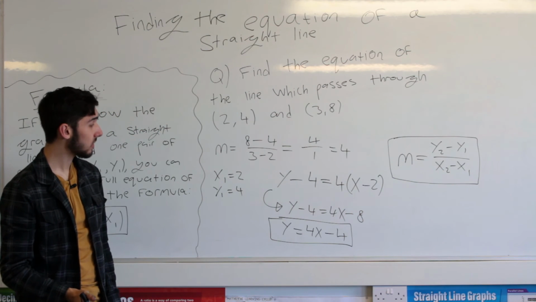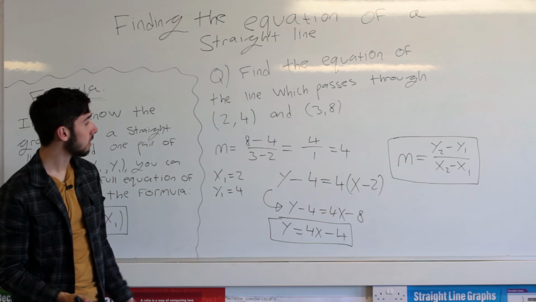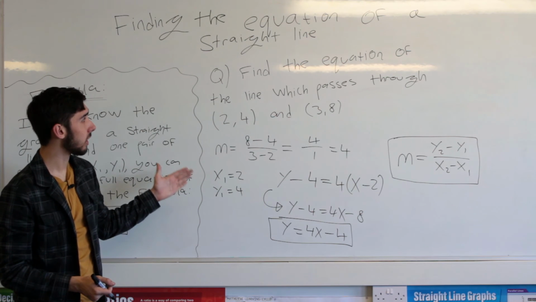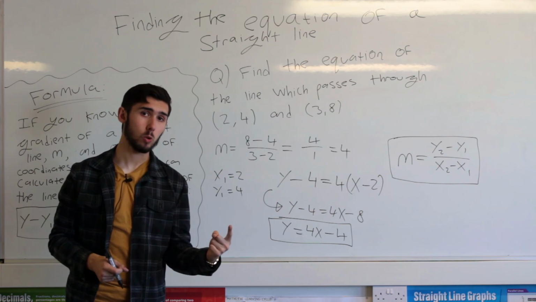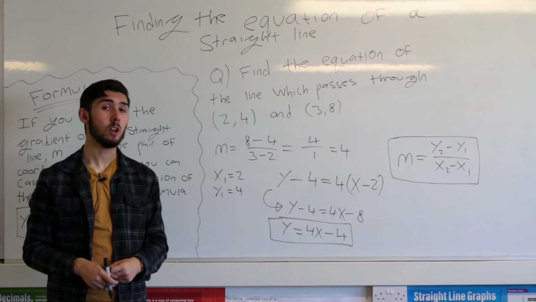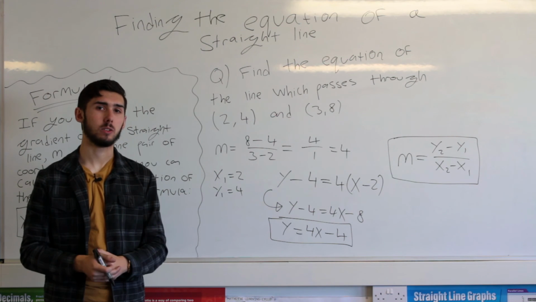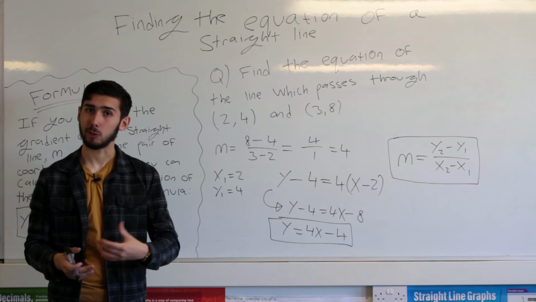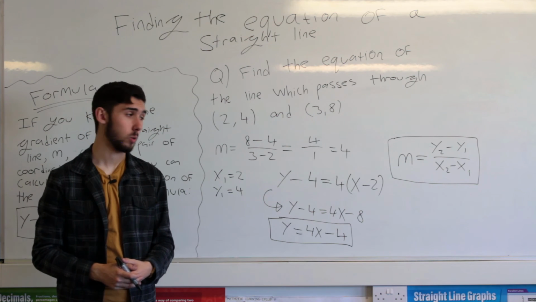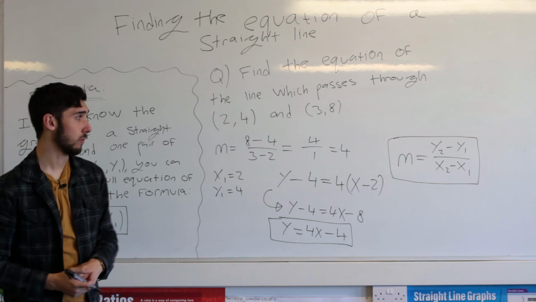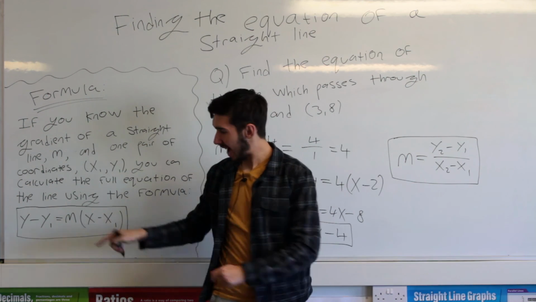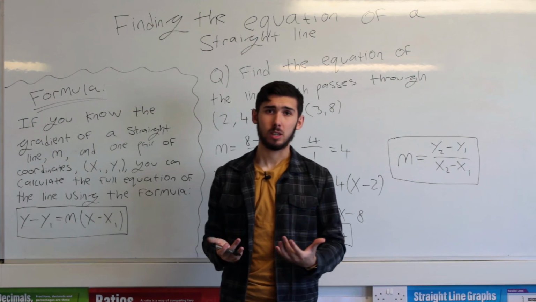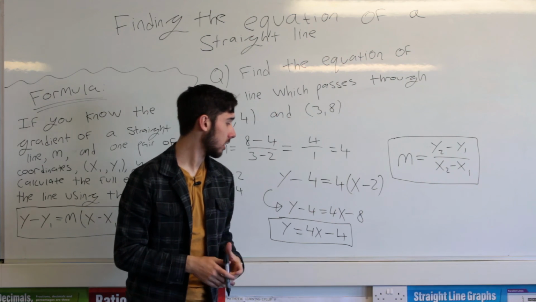So guys, as you can see, no pun intended, you can actually figure out the equation of a straight line using either one single pair of coordinates and its gradient, or just 2 pairs of coordinates. And then you can figure out the gradient and use either one of those coordinates, whichever one suits your fancy. So do you see how we use this formula and this formula together in synergy in order to actually solve a problem?